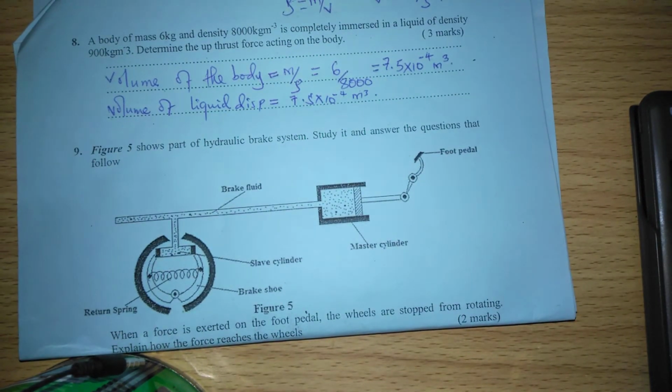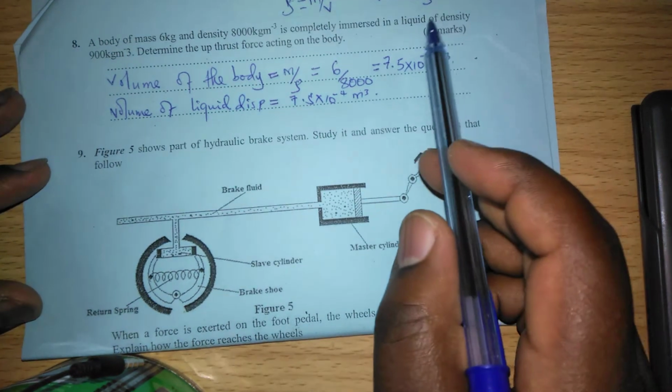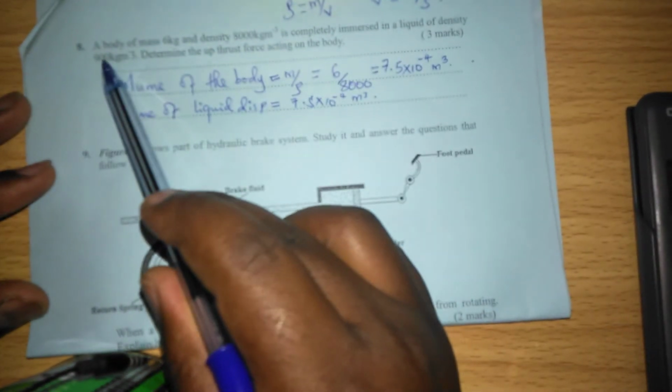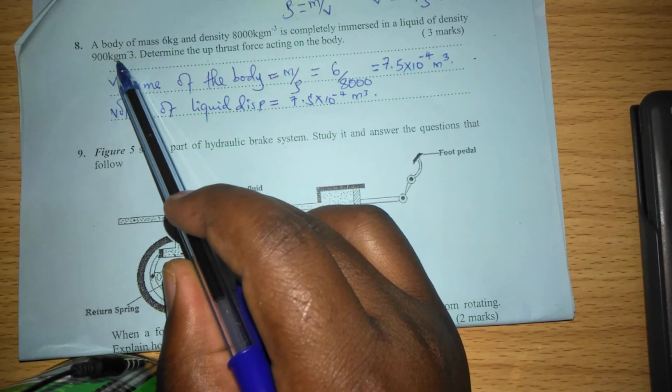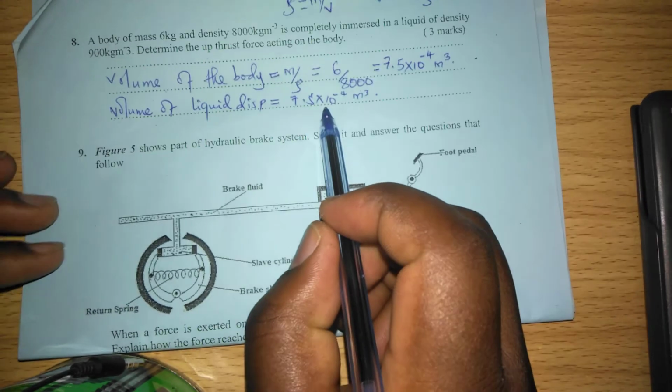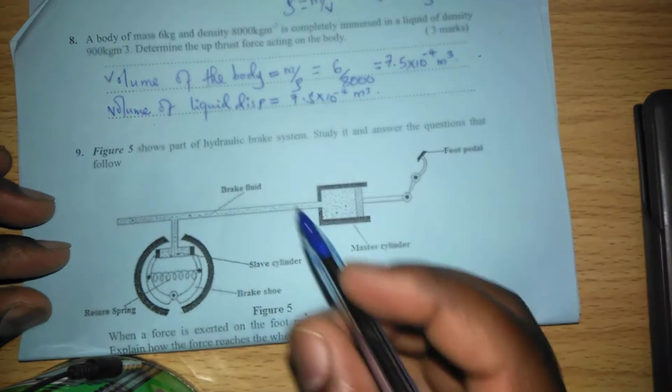Therefore, remember the Archimedes principle, which says that a body experiences upthrust, which is equal to the weight of the fluid it displaces. Therefore, now that we have volume of the fluid, and we are told in the question that the body is being immersed in a liquid of density 900 kilograms per meter cubed, then now with density and volume, we can get mass of fluid displaced.